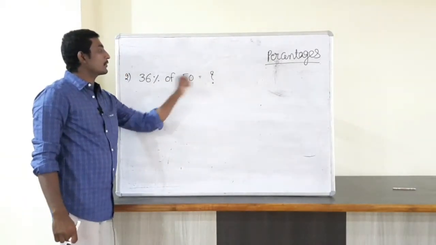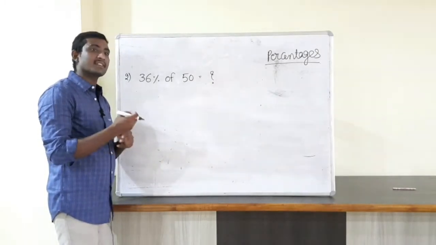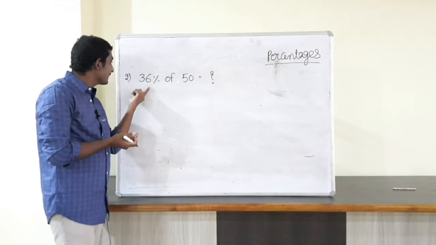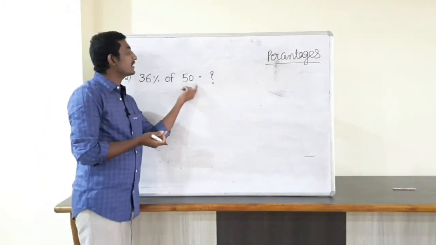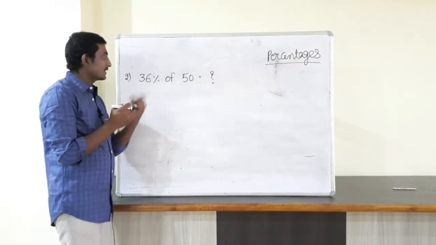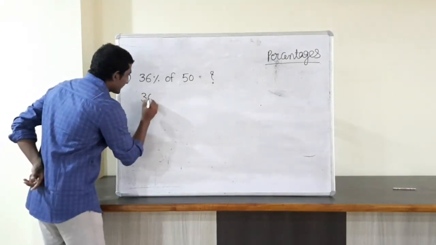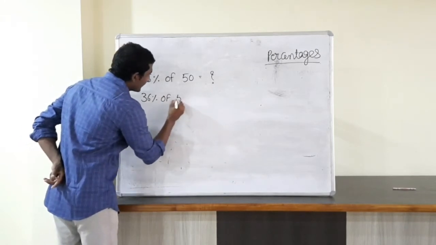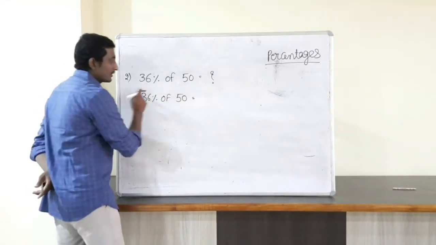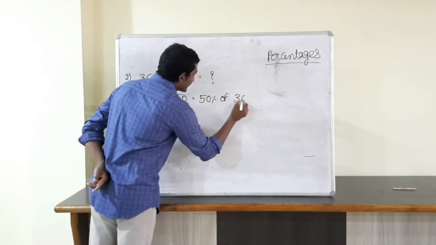Another model from percentage is 36% of 50, equal to how much? In the previous sum, 50% of 3,600, like that, if it is a round figure we can calculate easily. But here, 36% of 50 equals how much? We can write this whole question as 50% of 36.